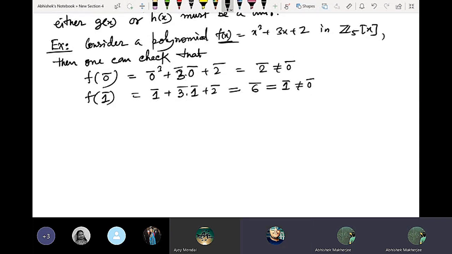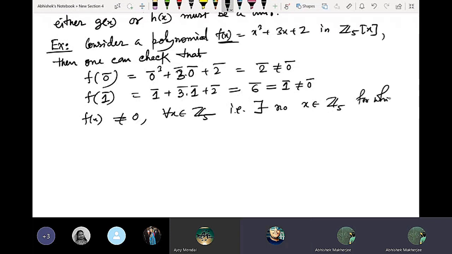So in this way we can verify the irreducibility of f(x) for each member of Z5, and we find that f(x) is not equal to 0 for all x belonging to Z5. That is, there exists no x in Z5 for which f(x) equals 0.